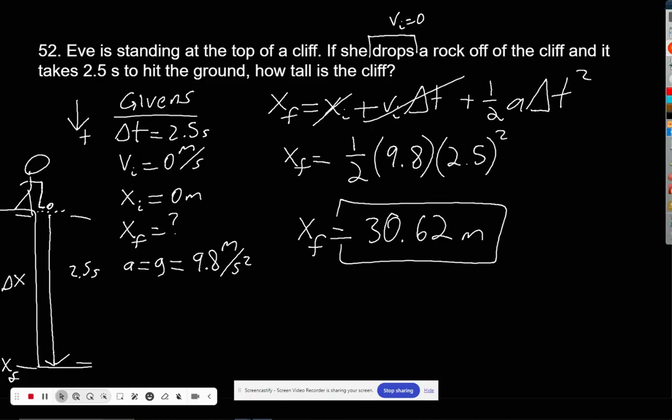For the most part, it will affect it a tiny, tiny bit, but not much. But if it's a big flat rock, the air resistance might throw your calculation off a bit, but you'll still get a decent estimate, which really physics is all about getting decent estimates. We don't know anything exactly, but we can get pretty close.